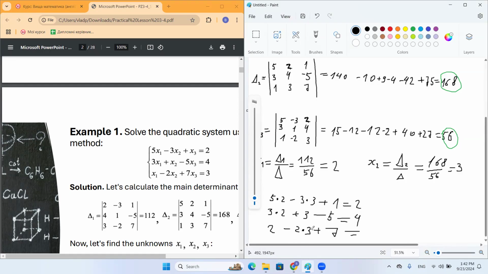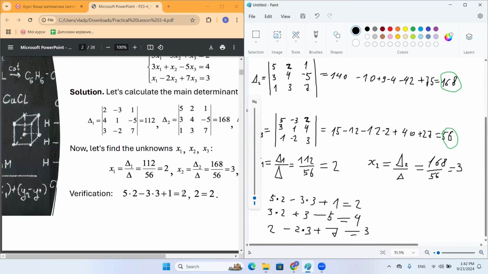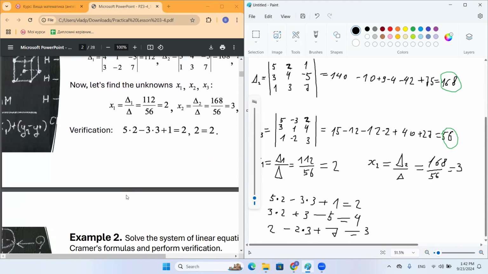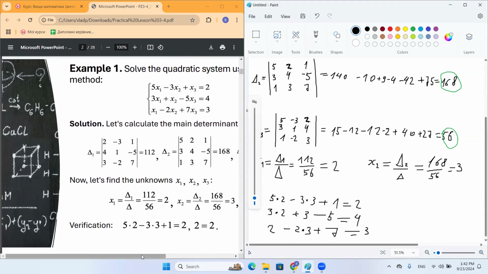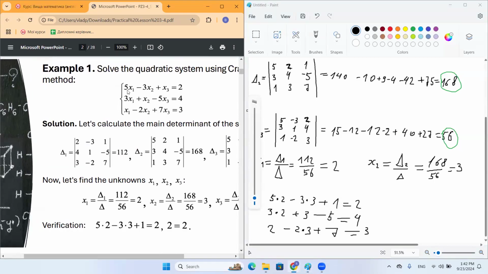So 9 minus 6, 3. So everything is correct. When you verify, spend a few minutes just to check all equations. 3 is not such a lot.